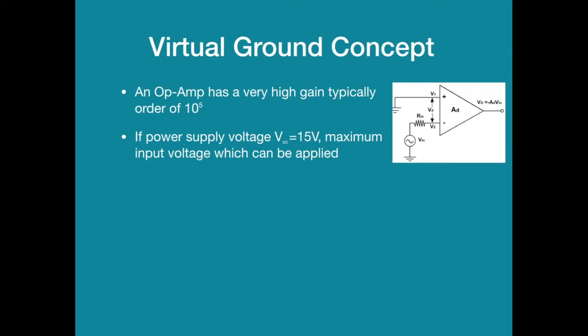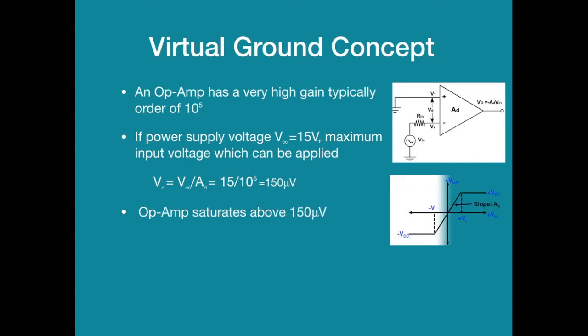And so the input voltage, you can see here, input voltage is the difference voltage, that will be the maximum output voltage, which is VCC by the differential gain. So it gives us the input voltage as 150 microvolts. That is, if the input exceeds 150 microvolts, then the op-amp will saturate.